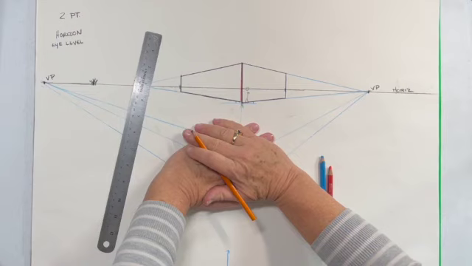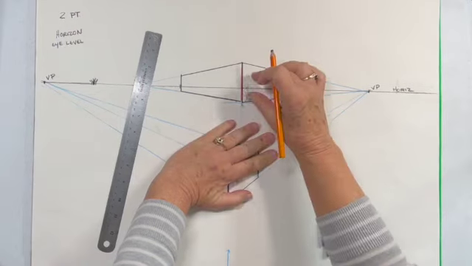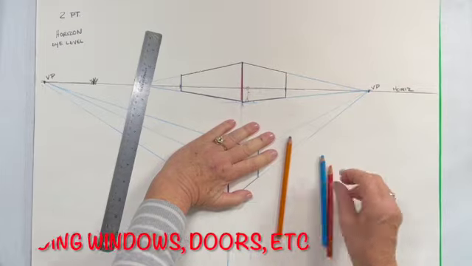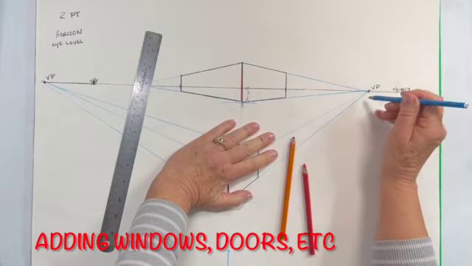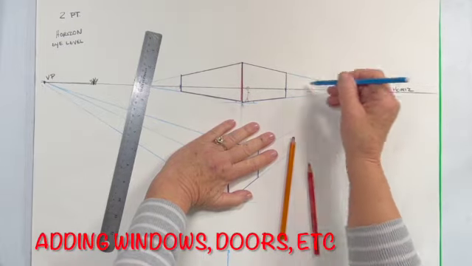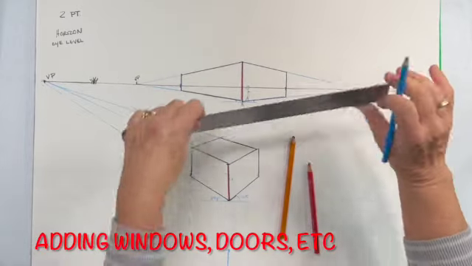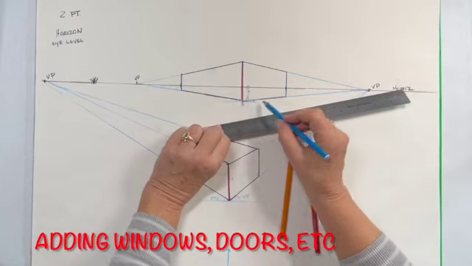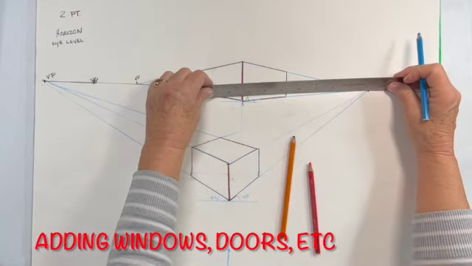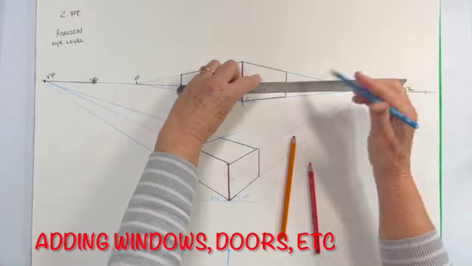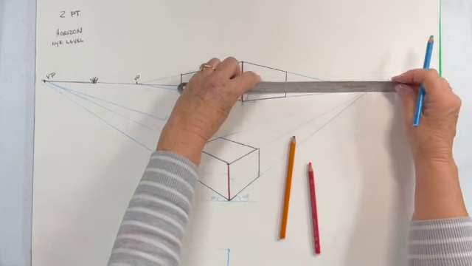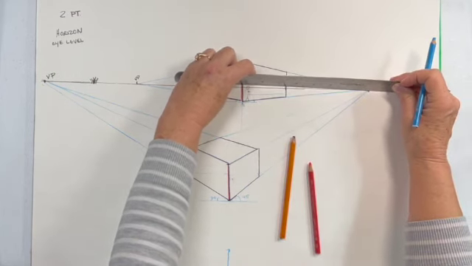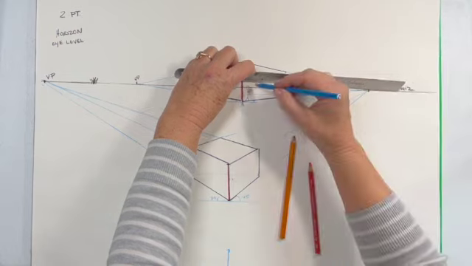Now, if we had doors and windows, everything would tie into those same things. If you have windows on this side of the house, everything has to go to this vanishing point. Anything that is in reality parallel to the base of this house has to go over to the same vanishing point over here on the right.